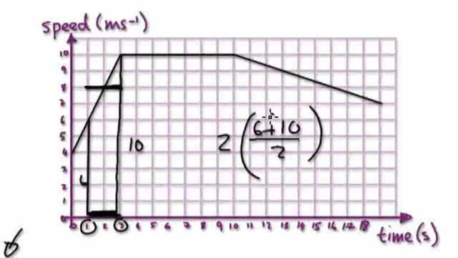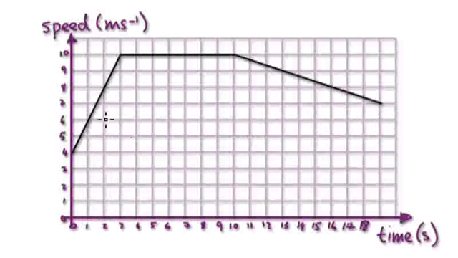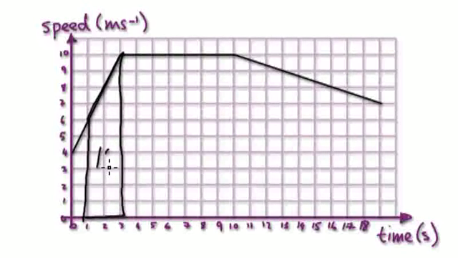So this plus this will be 16, divided by 2 and then times 2. Basically I can ignore this, so this will be 16. So the area of this trapezium here is 16.